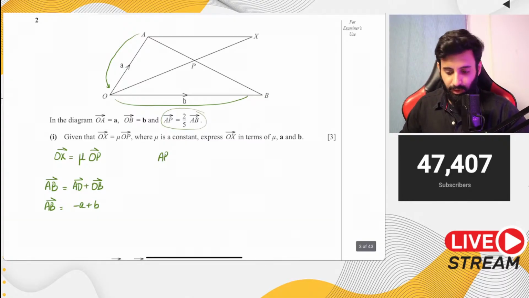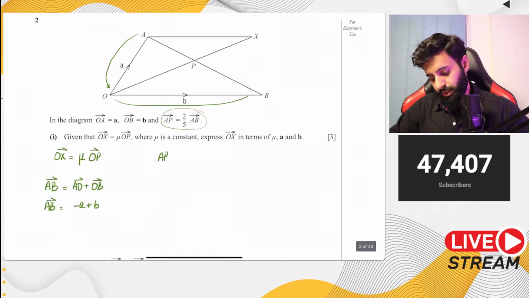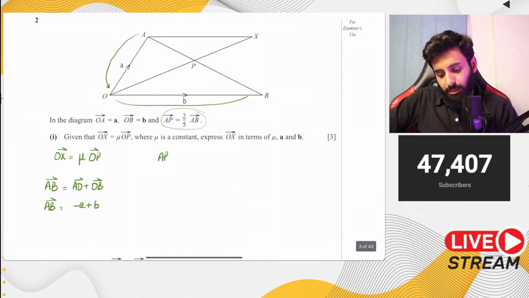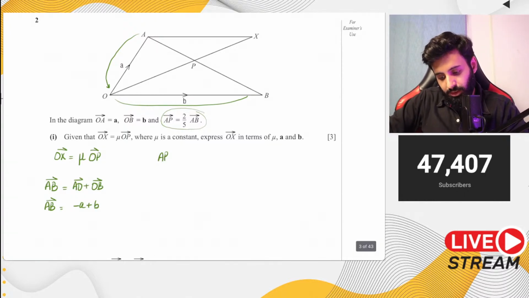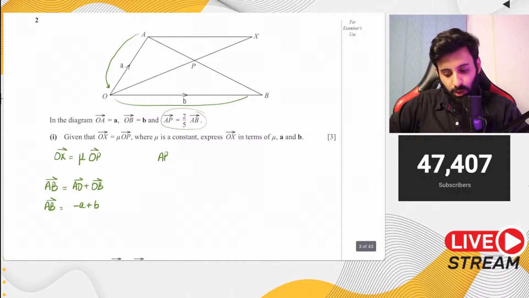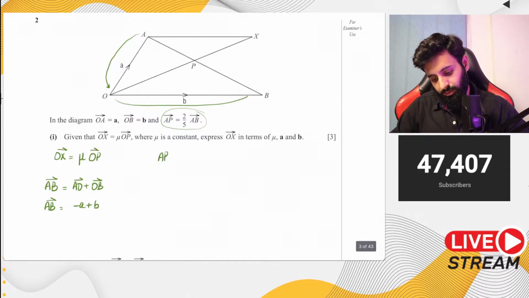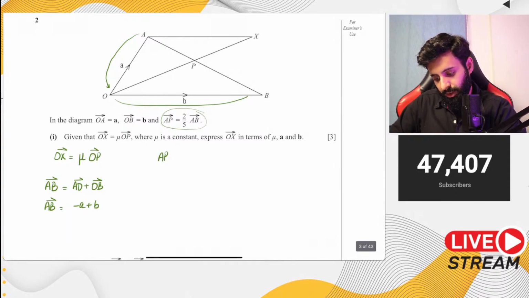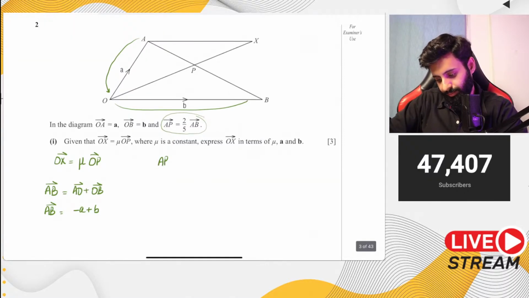Now, what are we going to do next? Chalo, question for you guys. Tell me one way which I can use and find out OX. Tell me how exactly can I find out vector OX?